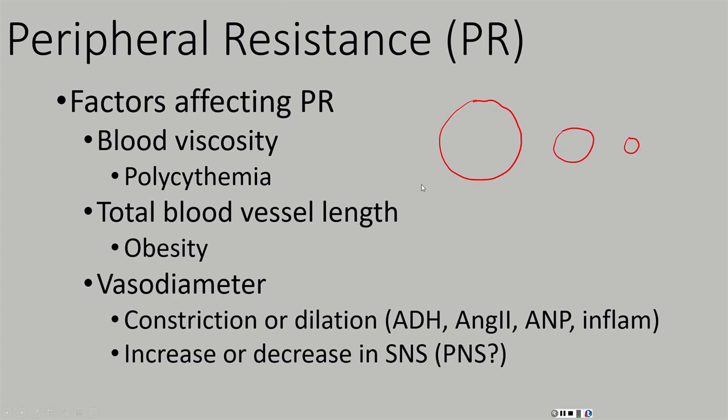Vasodiameter. Well, we can regulate vasodiameter. There's actually several naturally occurring chemicals in our body that do just that. For example, something called ADH, the antidiuretic hormone.